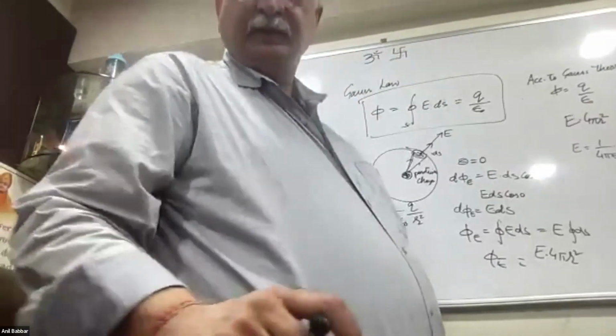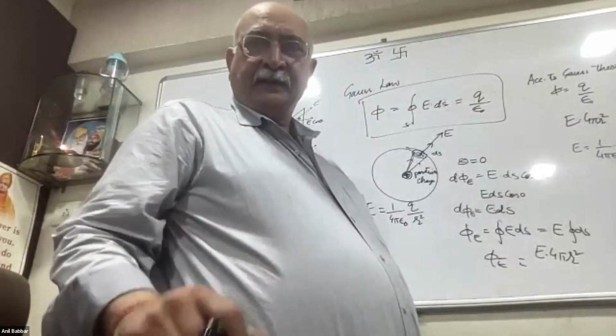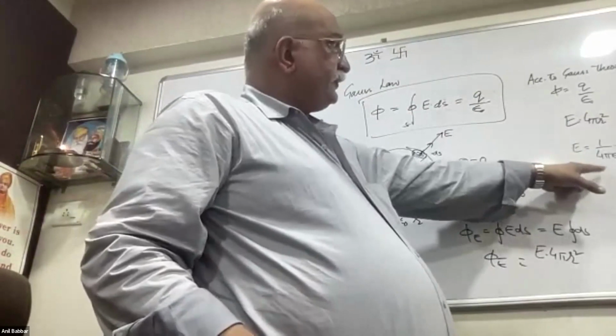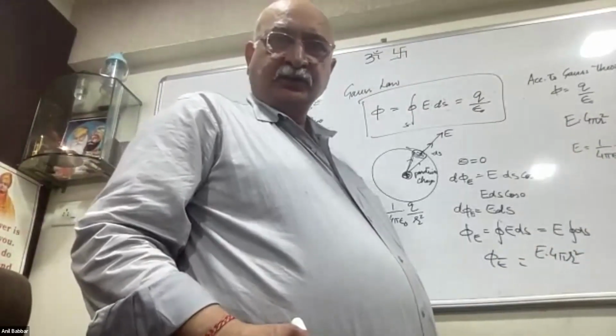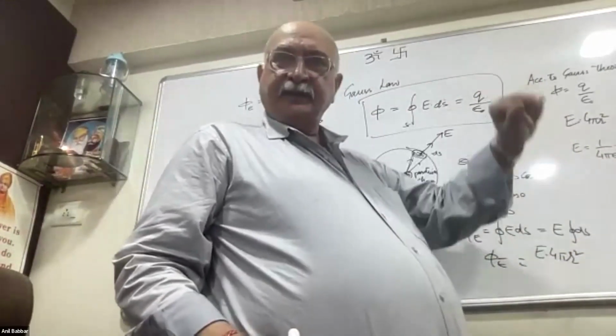E is 1 by 4 pi epsilon naught Q by r square. Okay, E is this.